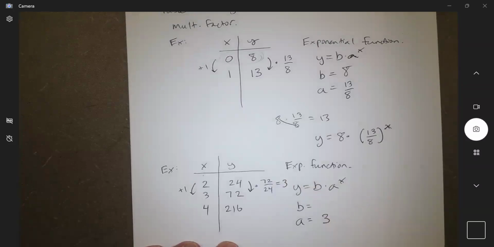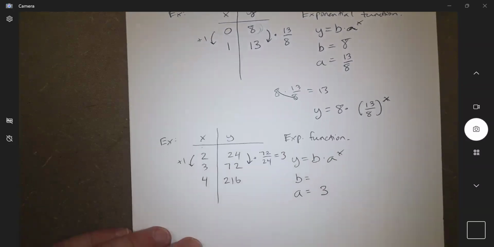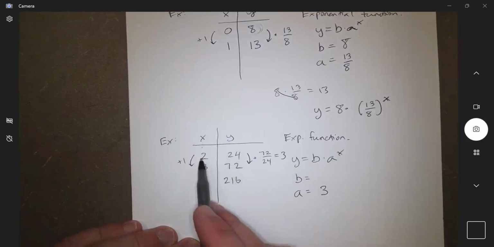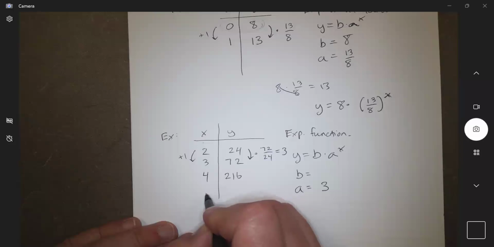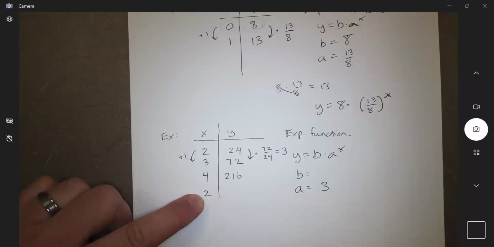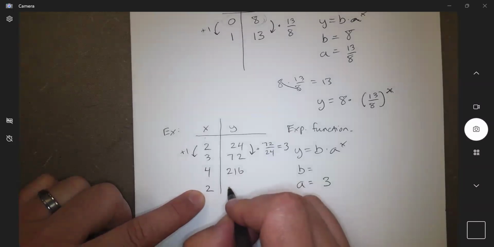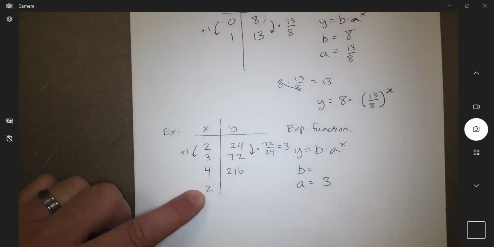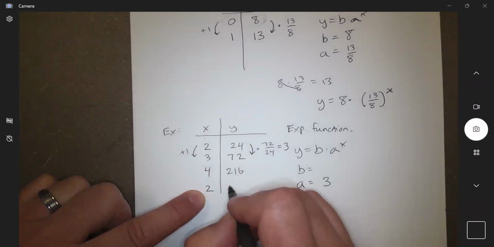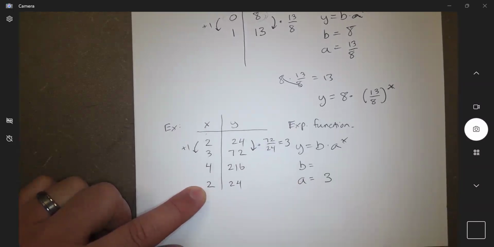So A is 3. And now we can work our way backwards to get to 0 using the table. If x is 2, what is y? It has to be 24 every single time because it's a function.